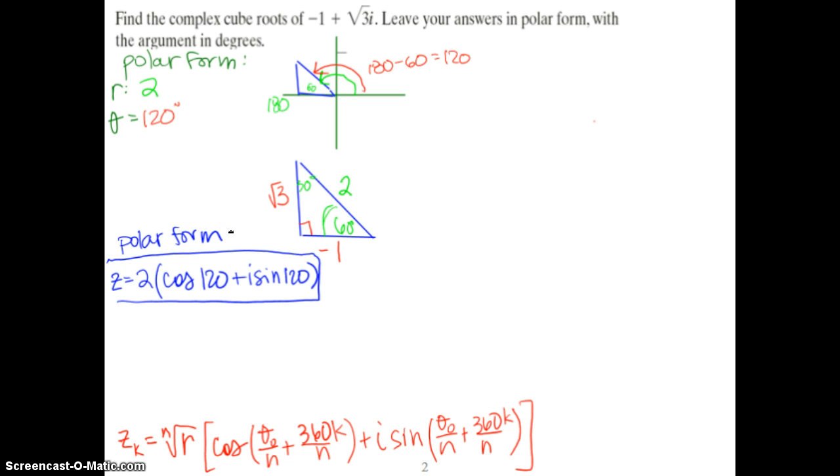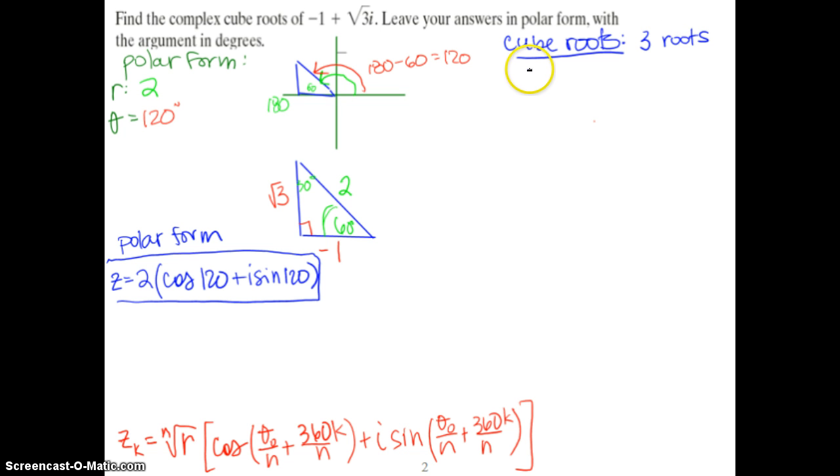Okay, so now that we have it in polar form, we need to figure out what the complex cube roots are. Since we're finding cube roots, there are going to be 3 cube roots. If it were square roots, there would be 2.